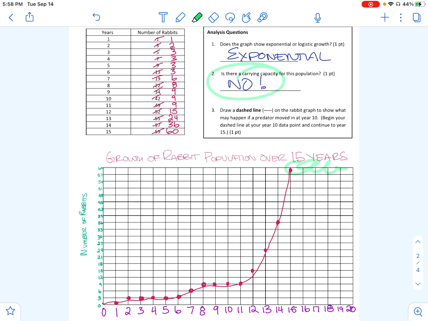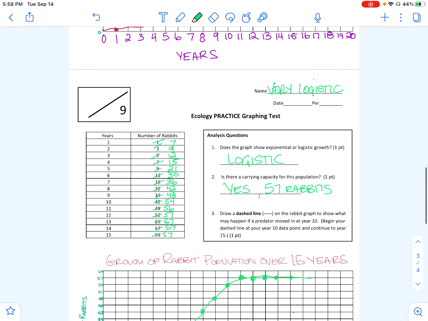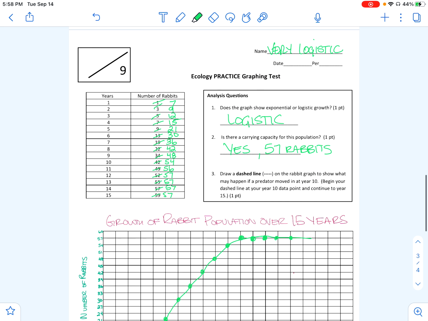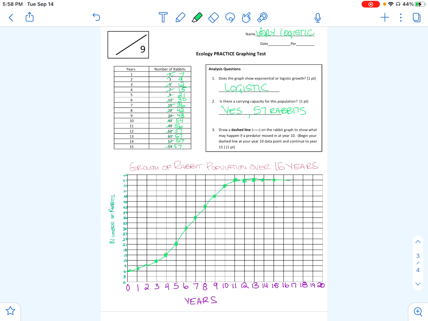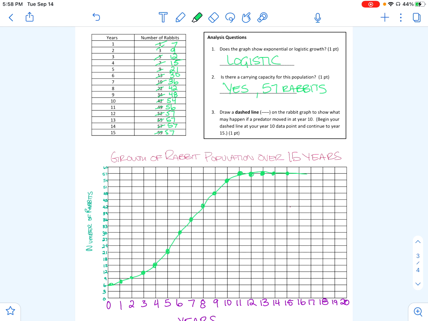Okay, all right. And then the last one I want to show you, I changed the rabbit population just to make it more logistic so you could see what that would look like in a more clear, obvious example, like that would be on your test. So here we go. Here's my graph, and you can see right here, the rabbit population kind of just stays where it's at, right?